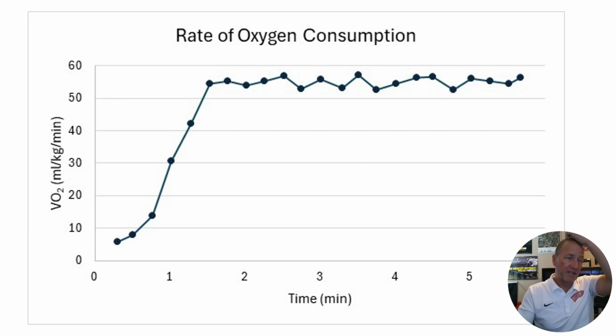And what we look for in a test like this is steady state. There are different ways to define what steady state is. It's never a straight line. It just never is. In fact, if you see a straight line in this type of test, probably something's wrong with the equipment. There should not be a straight line because there are little fluctuations in terms of the number of breaths within that 15-second window.